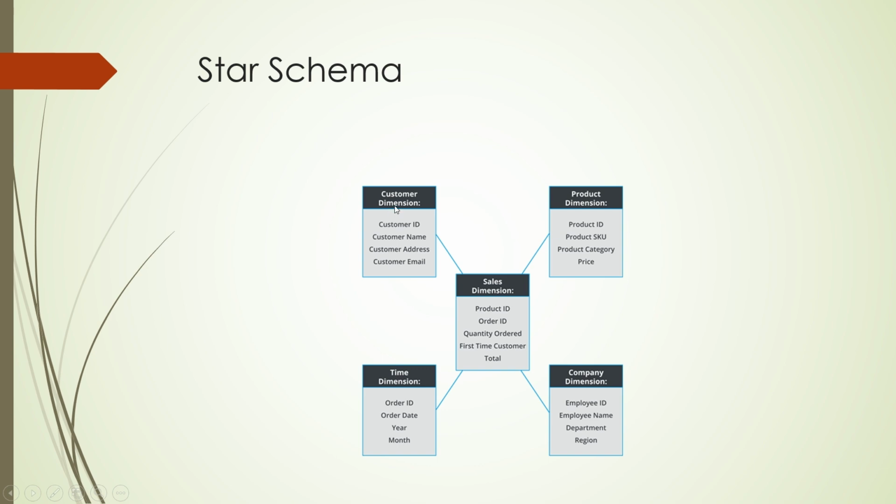As we have seen already, customer, product, time, and company are going to be the dimension tables, and sales is going to be the fact table here.